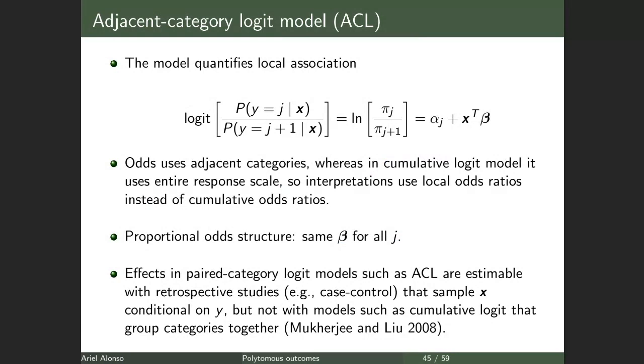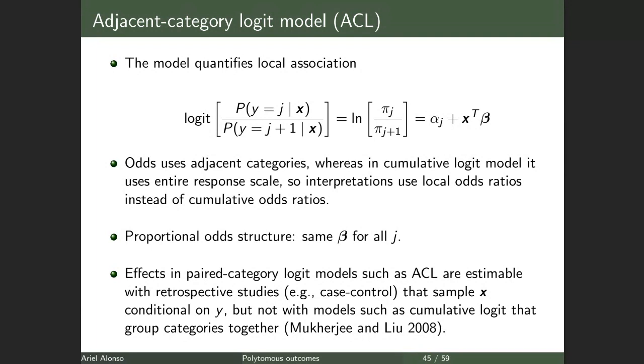In the proportional odds model, or the cumulative link model, if you use the logit, then you model the cumulative odds. That's what you do: the probability that y is smaller or equal than j.